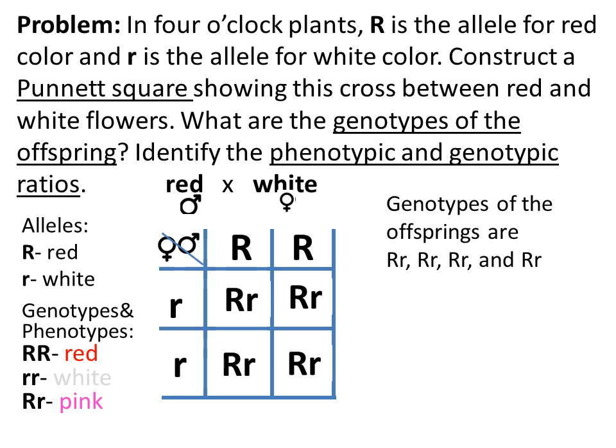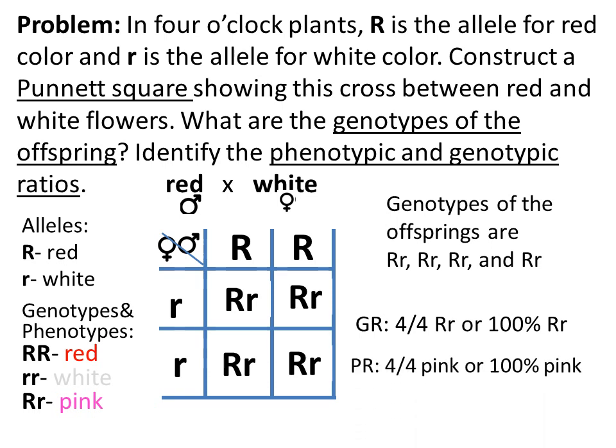They are all heterozygous genotypes. So what is the ratio? Genotypically, we have 4/4 big R, small r, or 100% big R, small r. For phenotypic ratio, 4/4 pink or 100% pink.